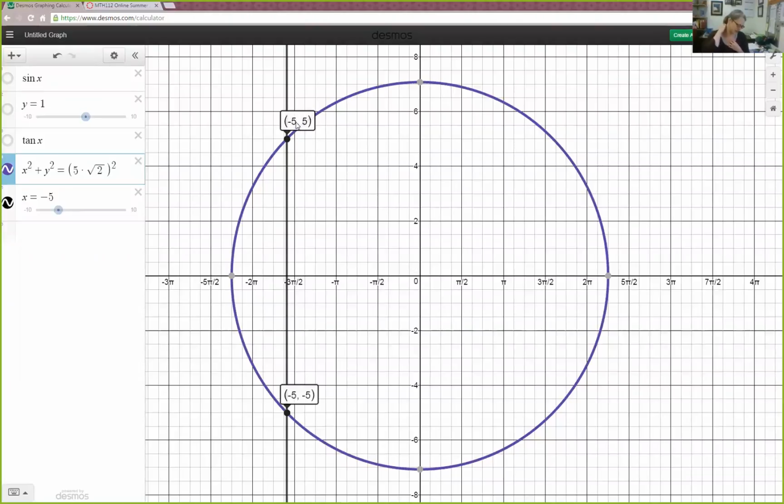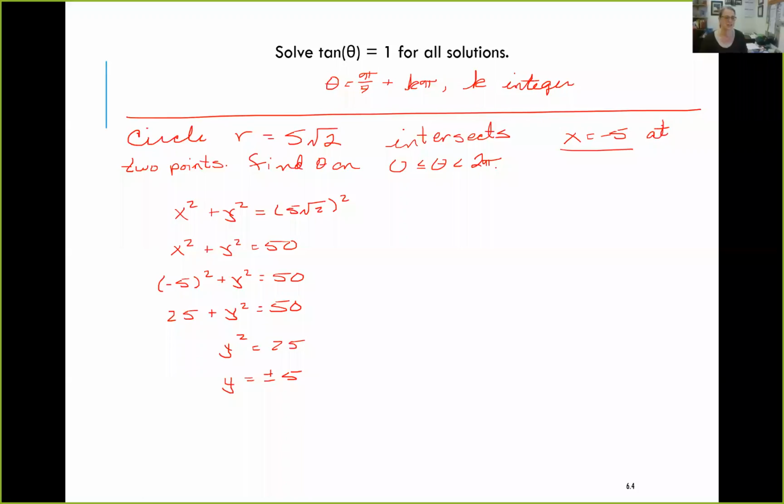The other way we can do this is, we found the coordinates of the point, and we know that y is equal to r times the sine of my angle, and x is equal to r times cosine theta.